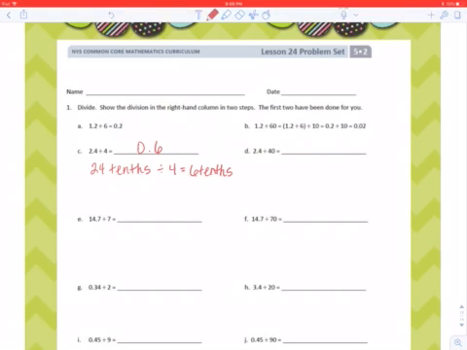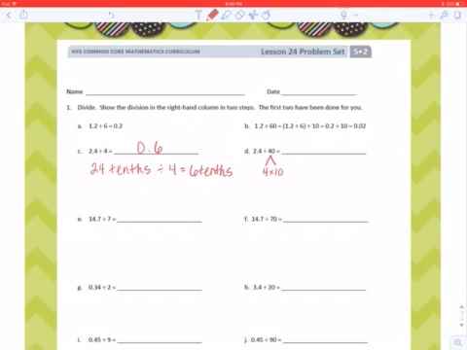So for D, the only difference is instead of divided by 4, it's divided by 40. We've done this more than once. We know that 40 is thought of as 4 times 10.